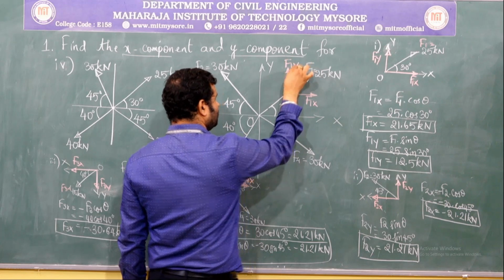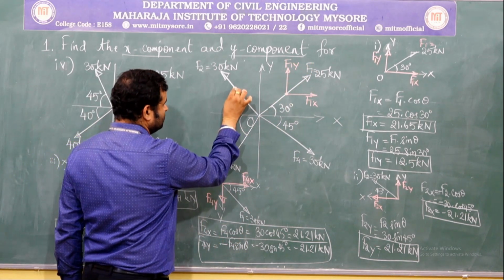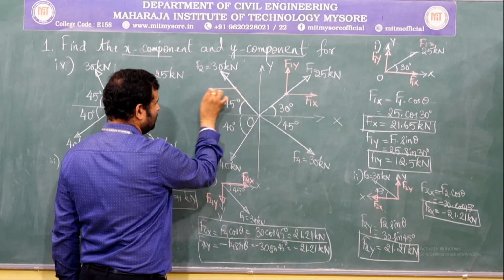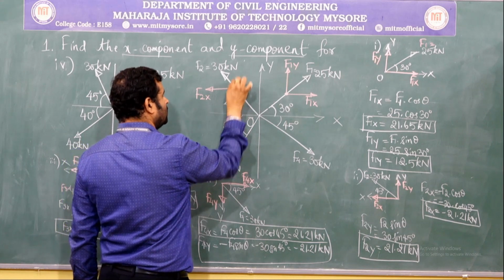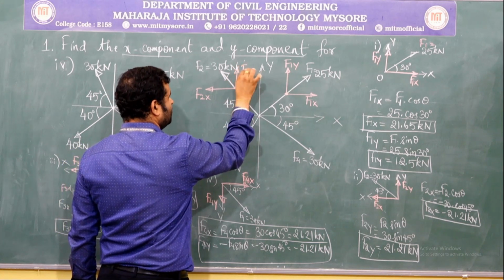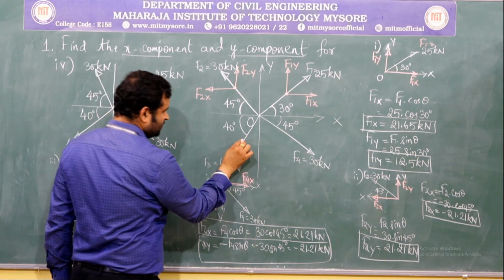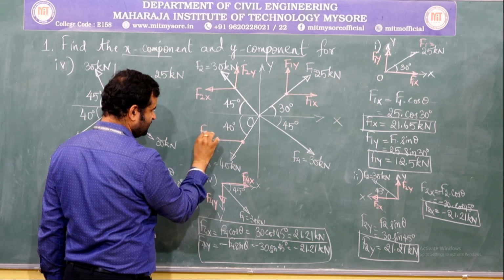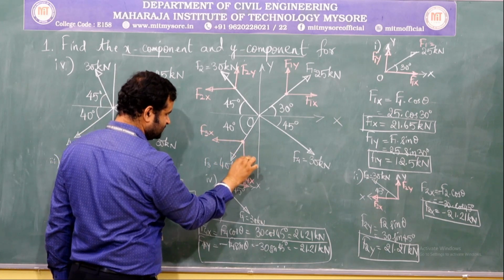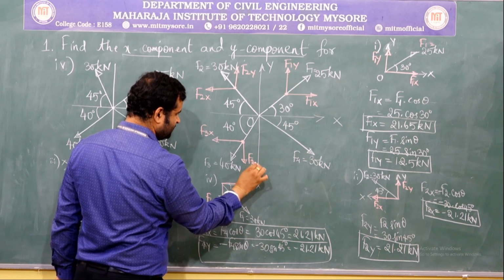Now coming to the second force, based on the sign convention, this is F2x, this is F2y. Now coming to the third force, this is F3x and this is F3y.